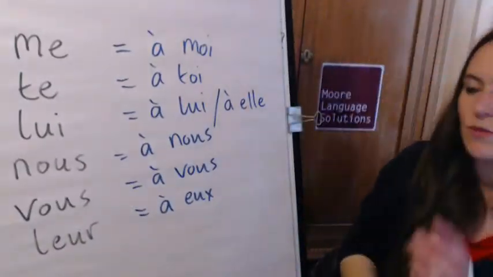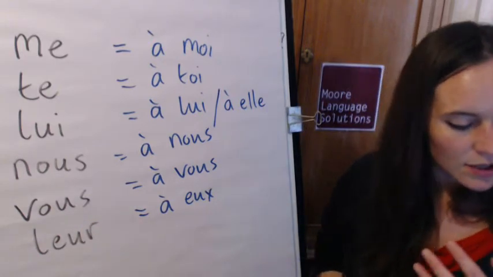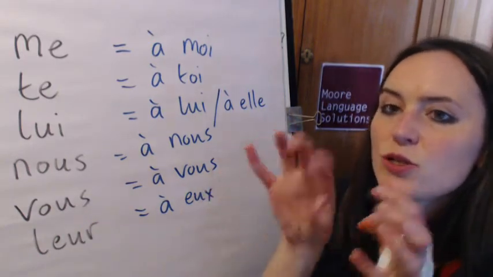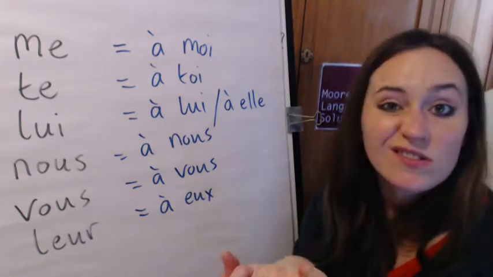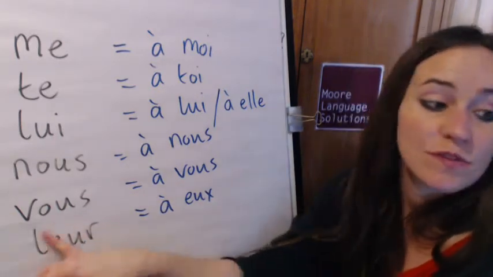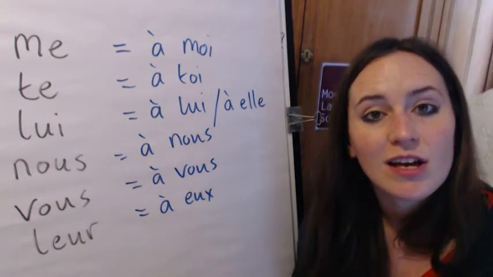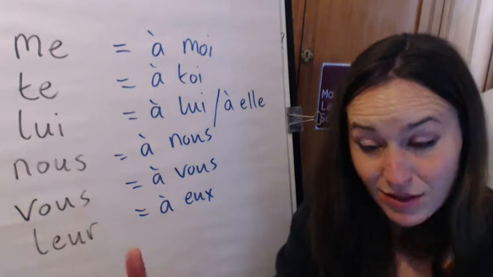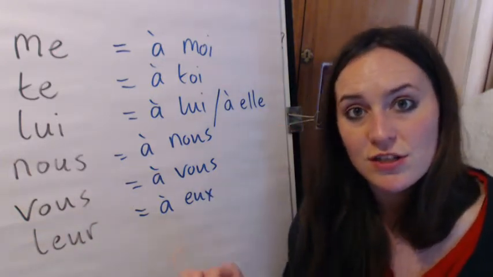Okay, so let's have a little look at some of the verbs that are used with these pronouns. One thing to mention, we haven't really looked at it much, is this leur. Let's look at that first. So leur replaces "to them", à eux. So it's quite difficult to say. You might not have seen it before. It also looks like the possessive pronoun, which means theirs. You will see that with a different grammatical function.